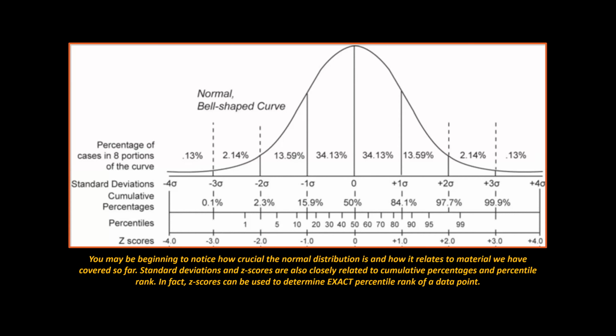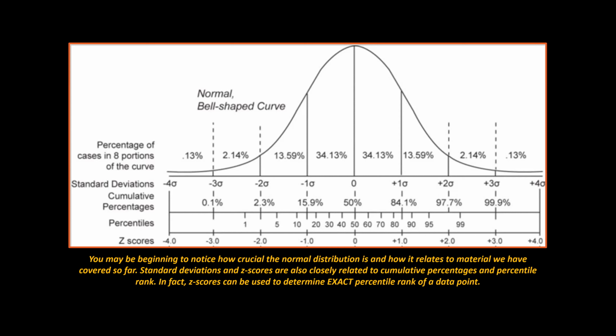So you may be getting to notice how crucial the normal distribution is and how it relates to material we have covered so far. So standard deviations in z-scores are closely related also to cumulative percentages and percentile rankings. In fact, z-scores can be used to determine exact percentile rankings of a data point. Because as we've learned, how this bell-shaped curve worked is exactly in the middle of that bell-shaped curve, as we can see in this image, is our cumulative percentage of 50%.